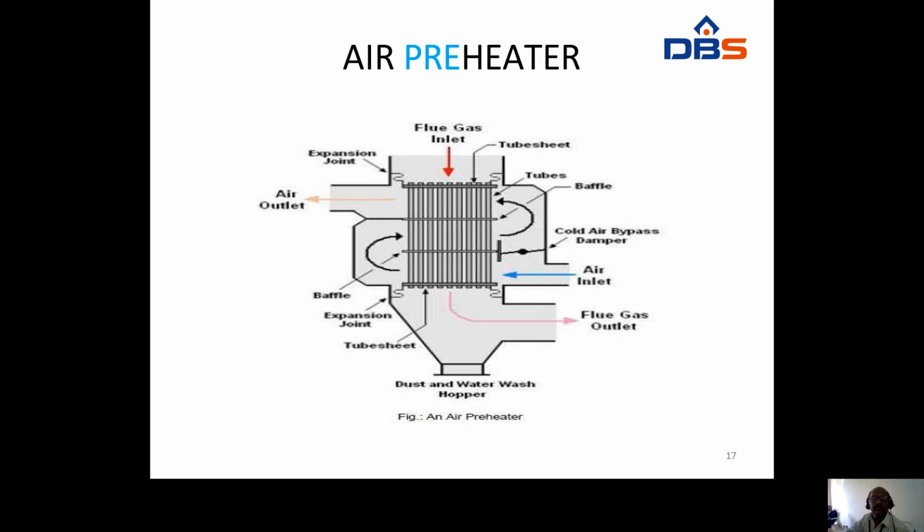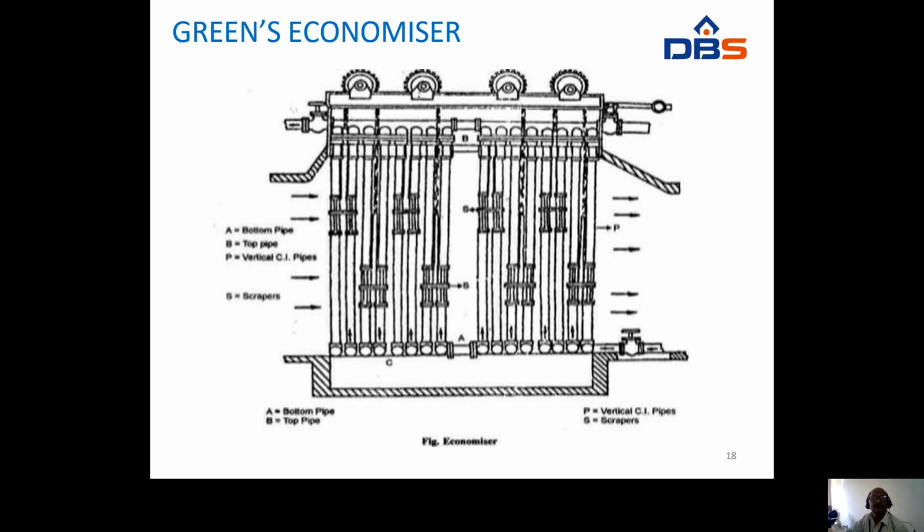When the flue gases, the exhaust gases, flow through this air preheater, the air temperature automatically gets increased, and here we get high temperature air. This is the economizer. Using this economizer, we can increase the temperature of the feed water with the help of burnt gases or exhaust gases.